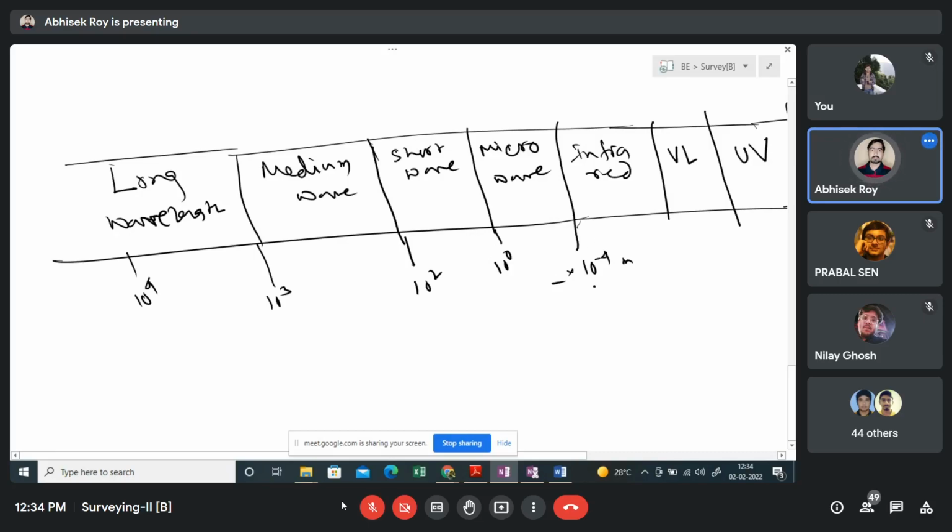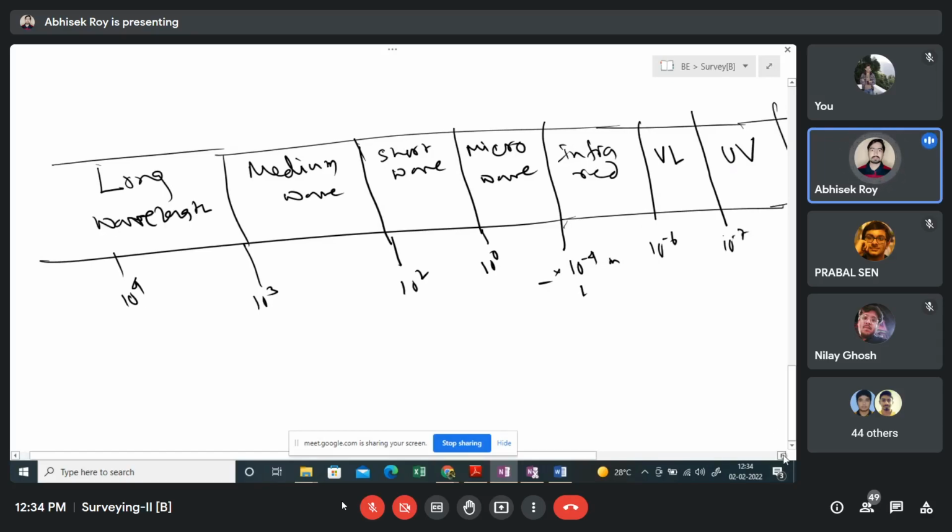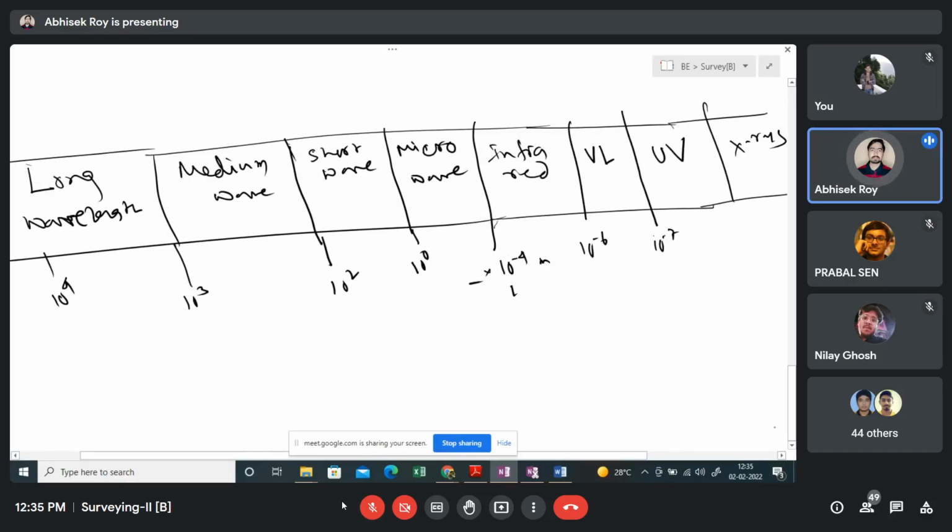Infrared wavelength will be in between this and 10 to the power minus 6 meter. Then there is visible light, which will vary for very little. Okay, so I'm not denoting it as 10 to the power minus 7, you can write 10 to the power minus 7. Then there is ultraviolet rays, which will be up to 10 to the power minus 9 almost.